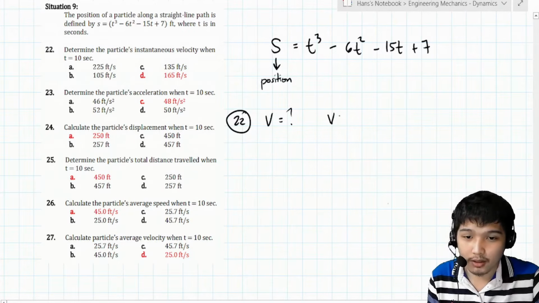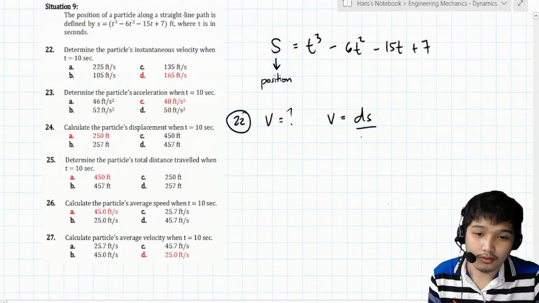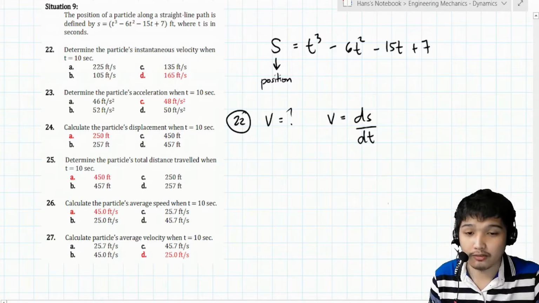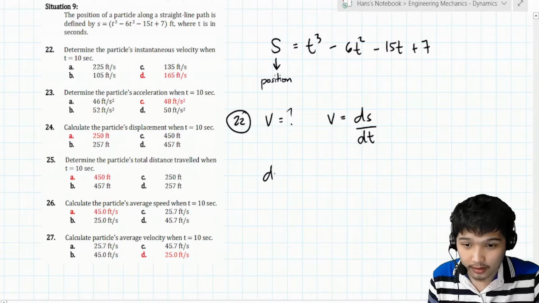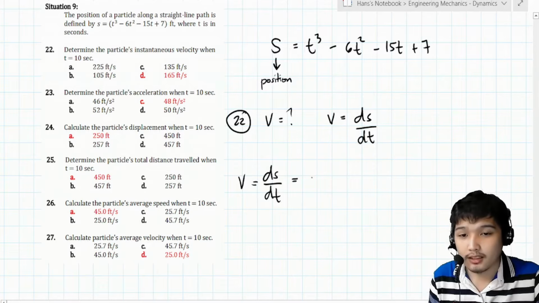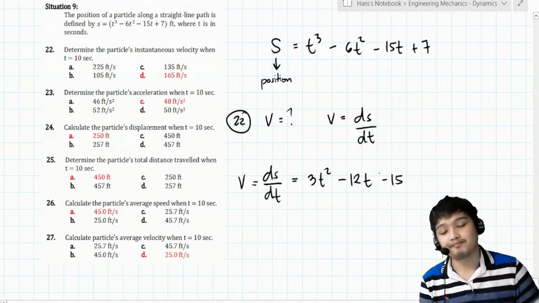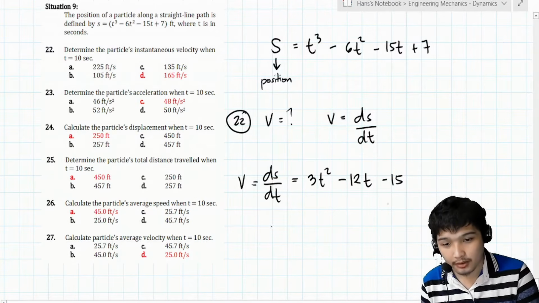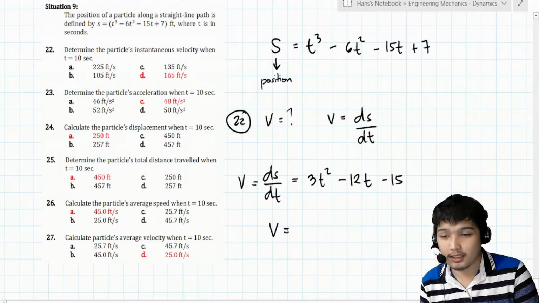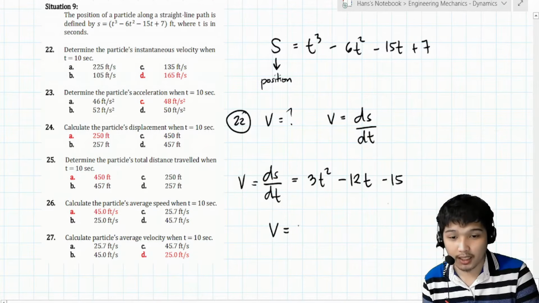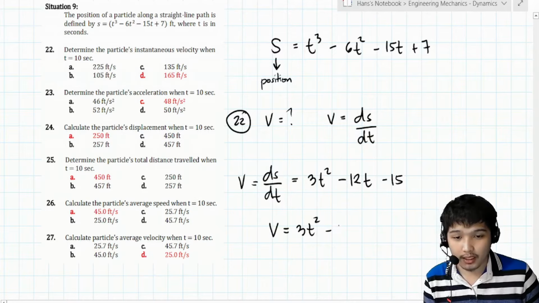Recall that velocity is equal to ds over dt. So what we need to do is just take the first derivative of the given equation. Therefore, ds over dt, which is equal to velocity, is 3t squared minus 12t minus 15. Meaning to say, the velocity can be expressed in terms of time t as 3t squared minus 12t minus 15.